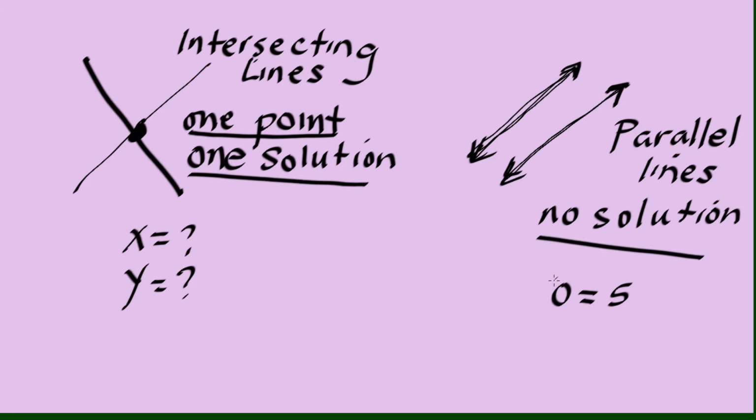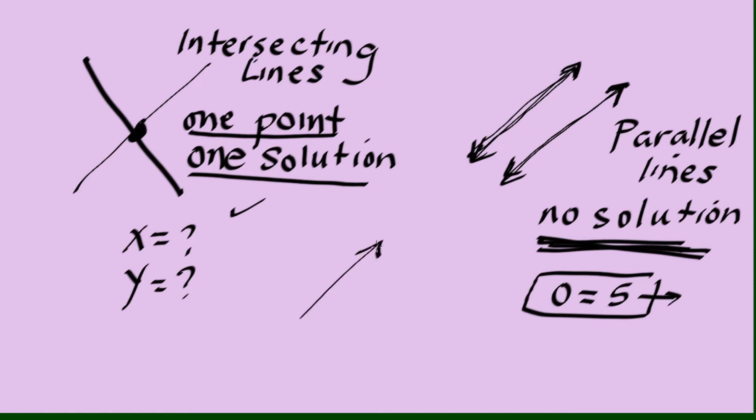This is a false statement, so that implies the system has no solution. One point of intersection means one solution for intersecting lines; no intersecting points means no solution for parallel lines.